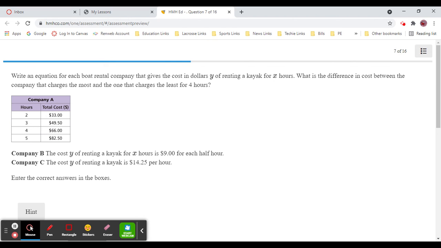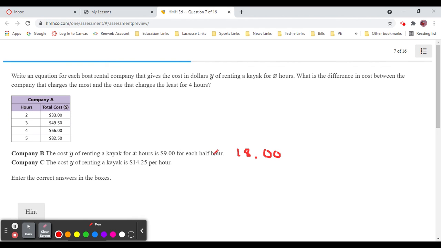So let's see. We should be able to figure out company A. Company B says the cost of Y renting a kayak for X hours is $9 for each half hour. So if it's $9 for a half hour, that probably tells you some information right there. So if it's $9 for a half hour, for 1 hour it's going to be $18, right? Because 9 times 2 would be 18.